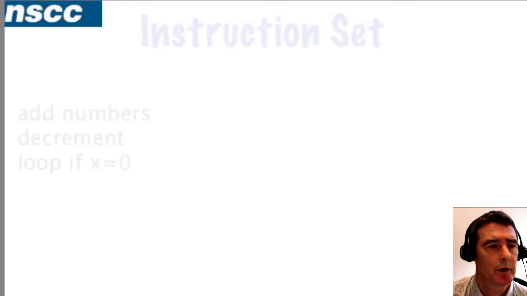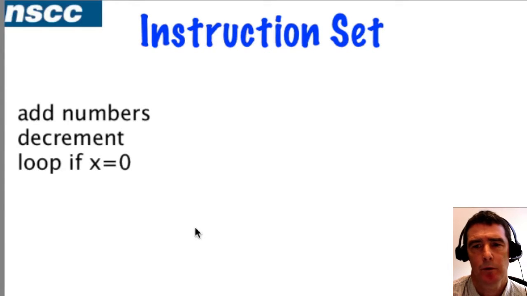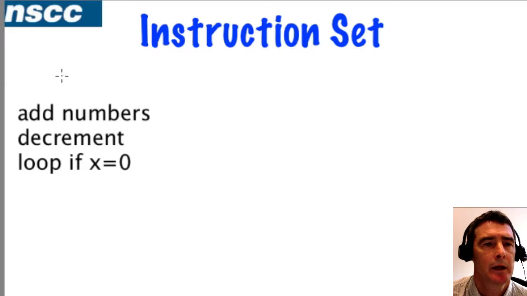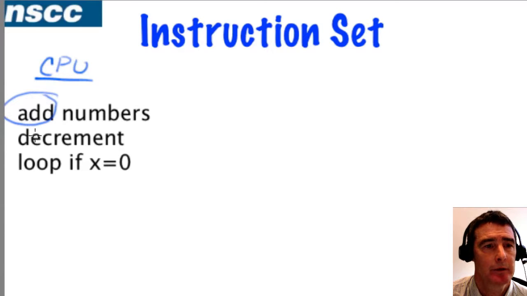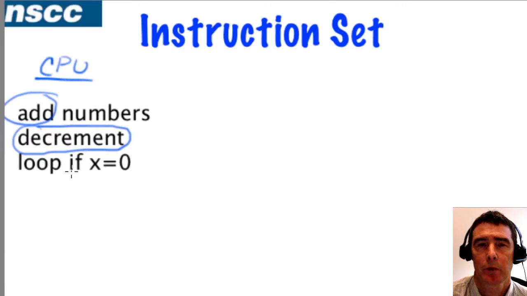We're going to next talk about instruction set. What is meant by an instruction set? Inside every CPU there are a bunch of instructions. You can think of this as the vocabulary of what the CPU can do. So it can add, it can decrement, which means subtract 1 from a number.